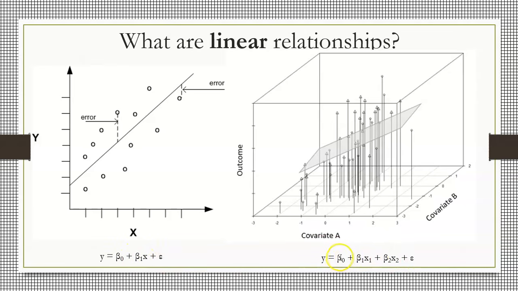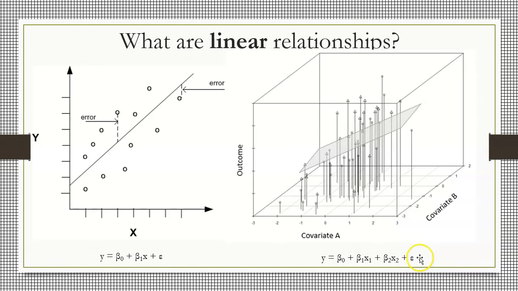Same idea over here. This basically is the equation for a plane. If we take off the plus epsilon, the error term, and we just look at y equals some intercept plus some, we call this a partial slope, times the first x variable, plus another partial slope times the second x variable. And again, this plus epsilon just suggests that the points aren't going to fall right on that plane in most cases.